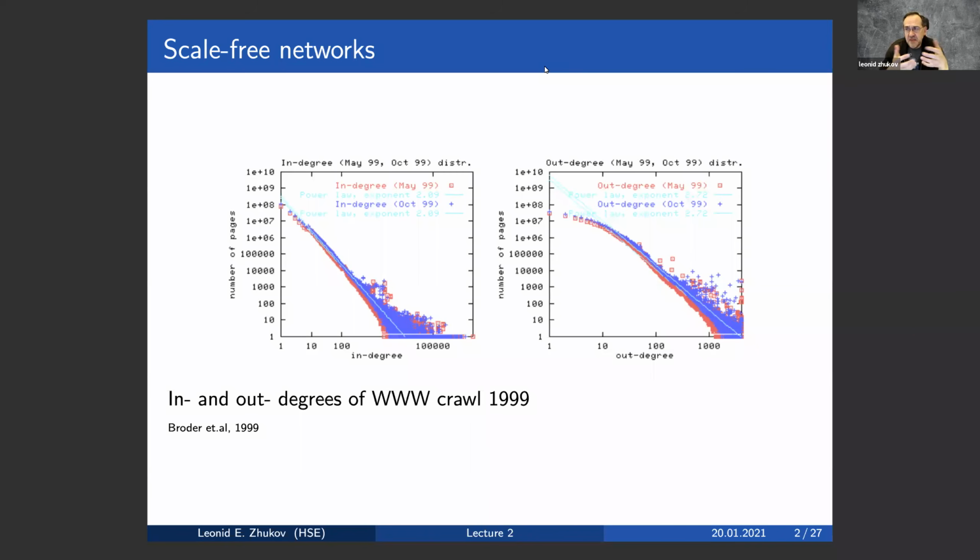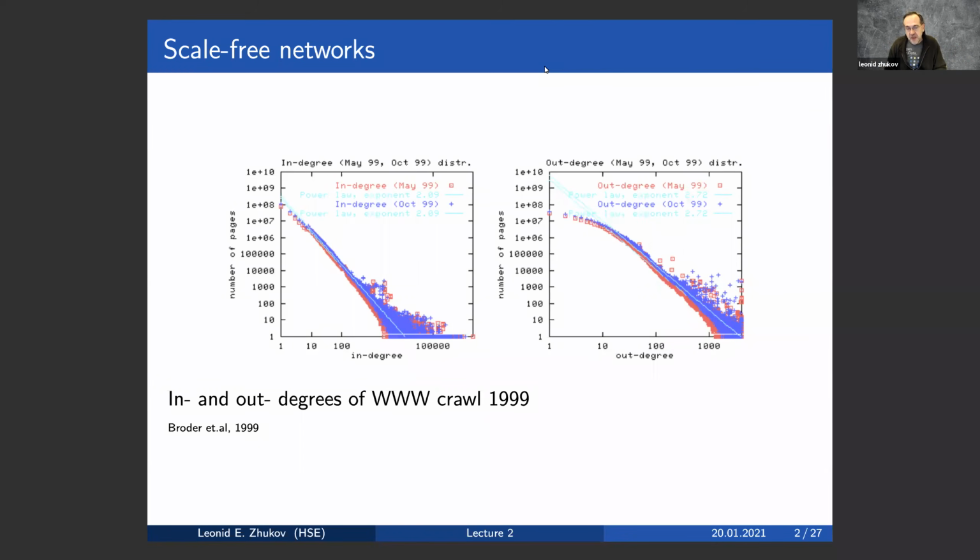And so the expectation was that the node degrees would also be distributed following a Poisson distribution with some sort of average node degree, the average degree of a web page, and then some pages with higher or lower degrees. And I think one of the goals was actually to find this average node degree for the web page.